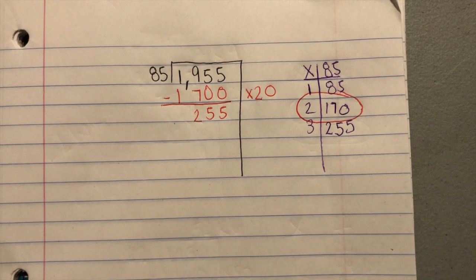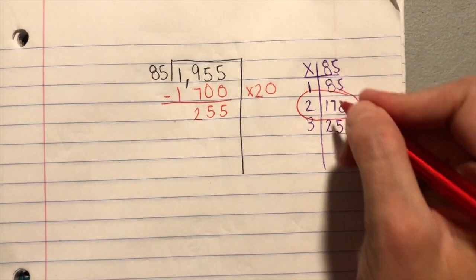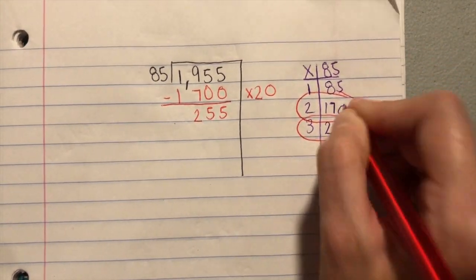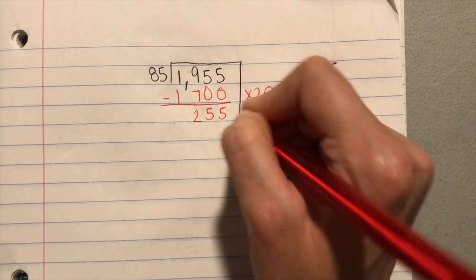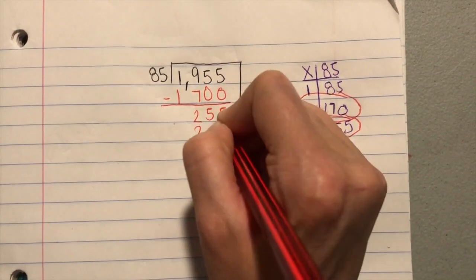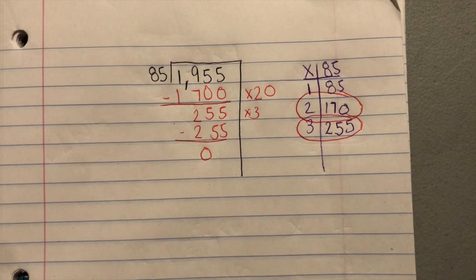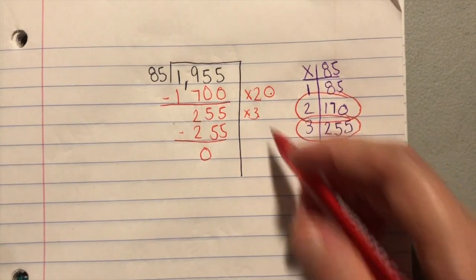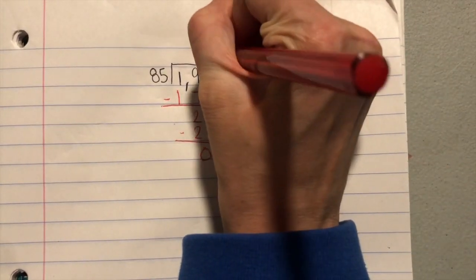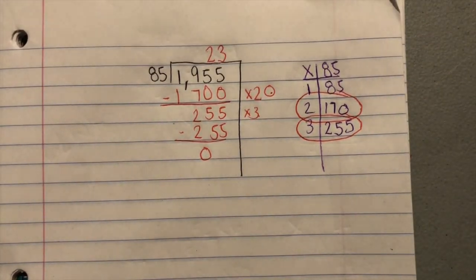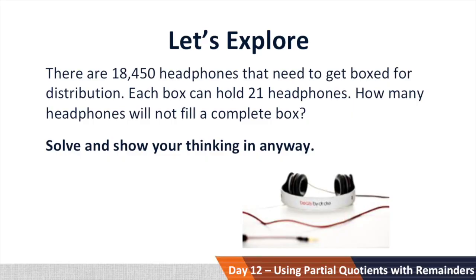Okay, now I already have this in my chart. Boom. Times 3 is 255. And I subtract and I have nothing left. So my answer is 20 plus 3, 23, remainder 0.